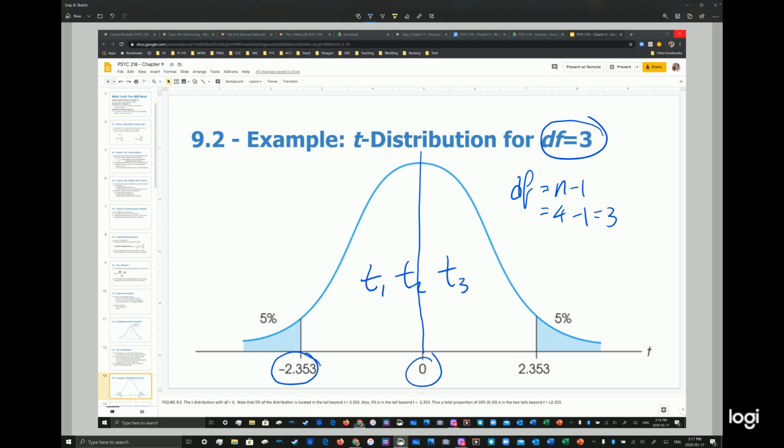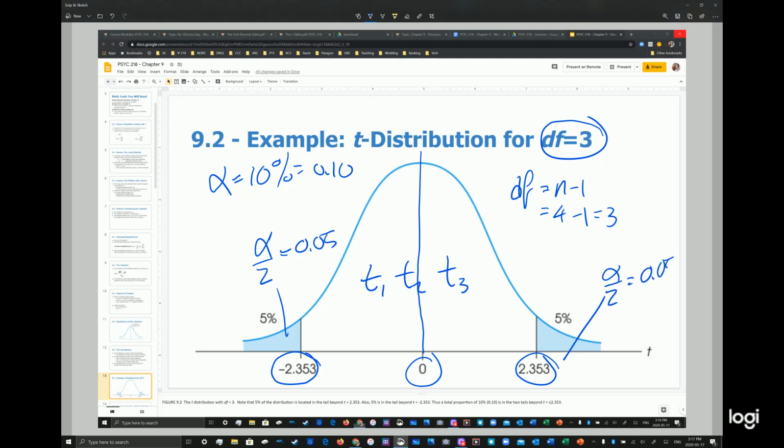And let's say we want to set alpha at 5%, but here it's 5% each. So alpha really is 10%, or 0.10. And these here are alpha divided by 2. So each one of these tails is 5%.